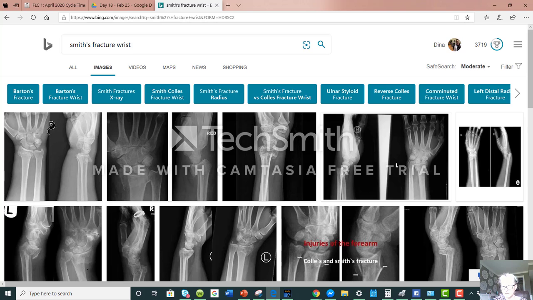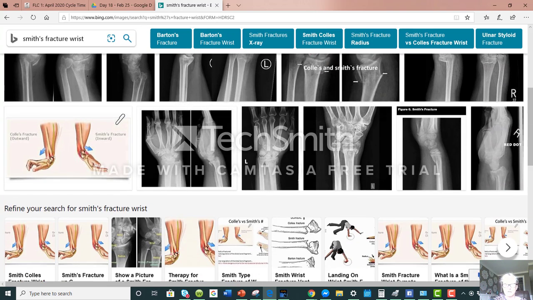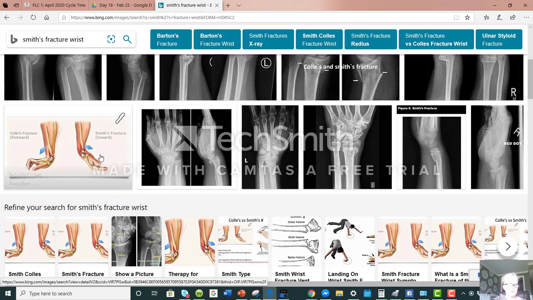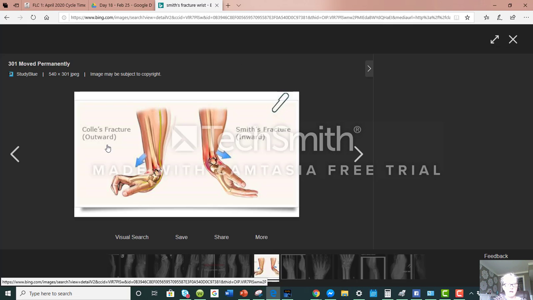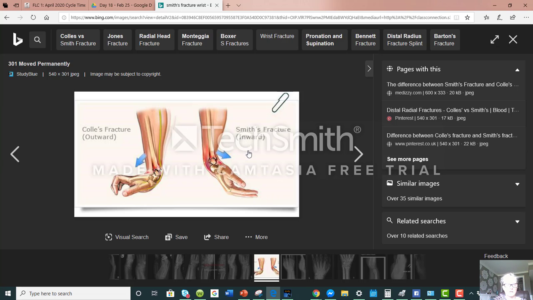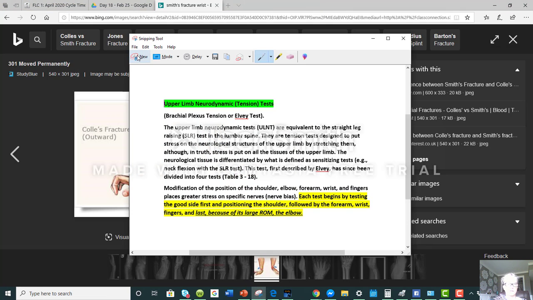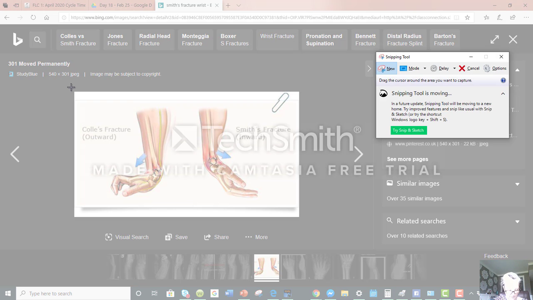So here's a nice little image here. Outward, inward. That's interesting. So let's go ahead and copy this out of here.